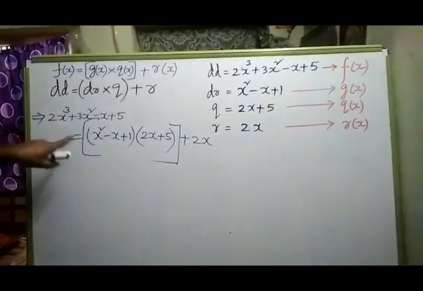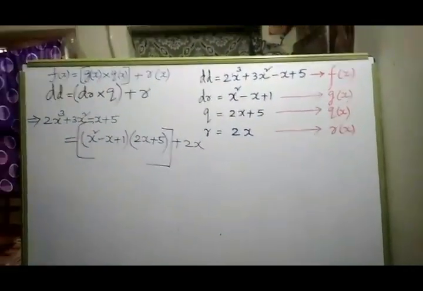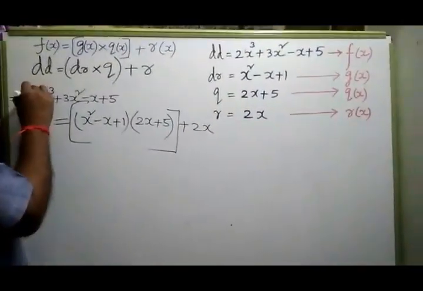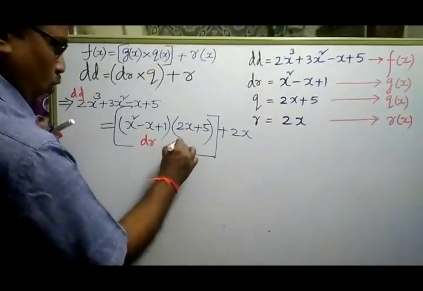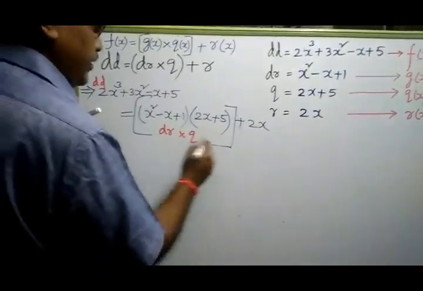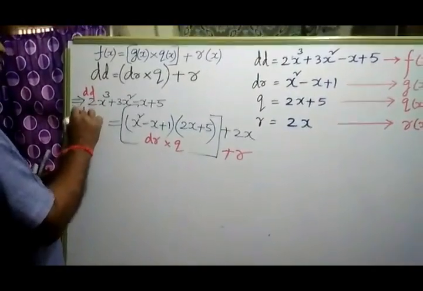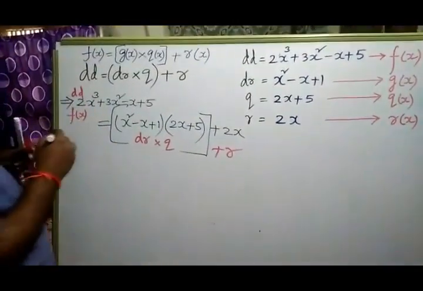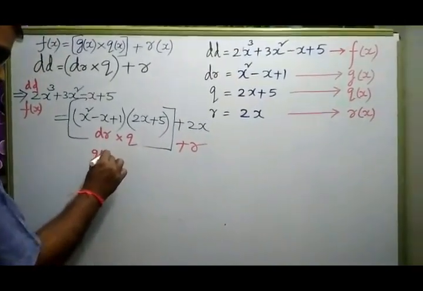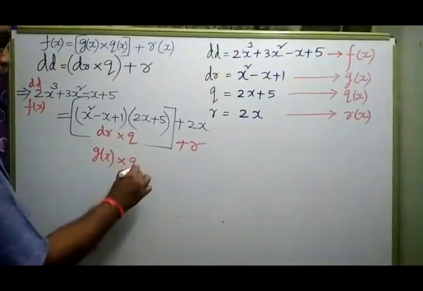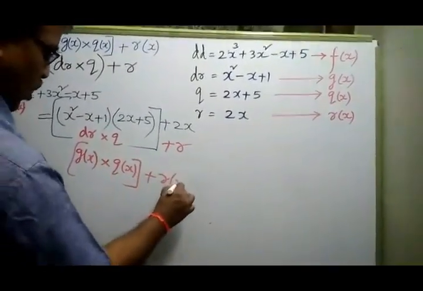Dividend is equal to divisor into quotient plus remainder. This is nothing but f of x is equal to g of x into q of x plus r of x.